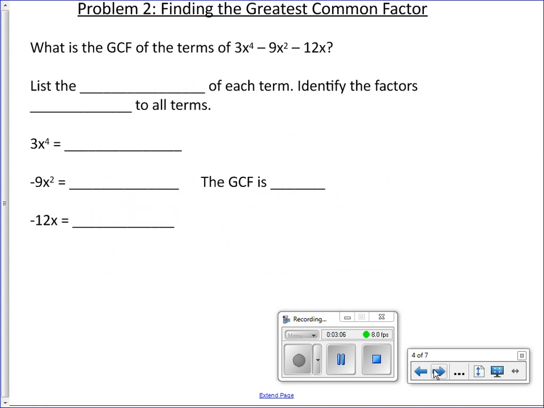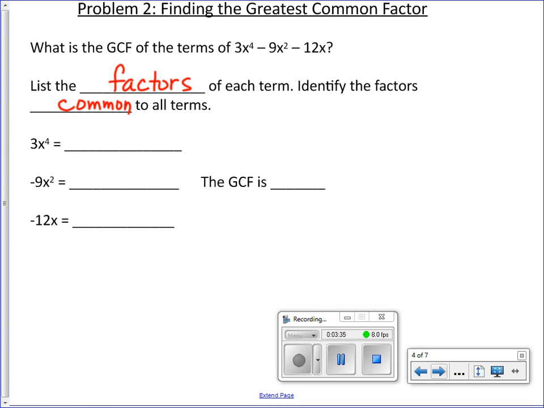Problem 2. Finding the greatest common factor. What is the greatest common factor of the terms of 3x to the 4th minus 9x squared minus 12x? The first thing we want to do is list the factors of each term and identify the factors common to all terms.